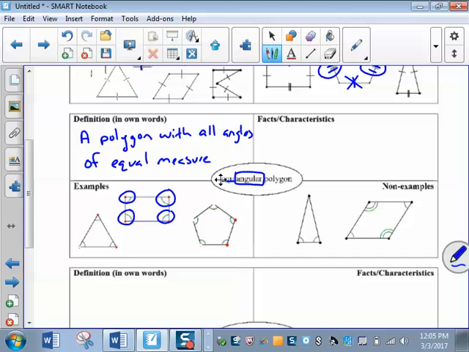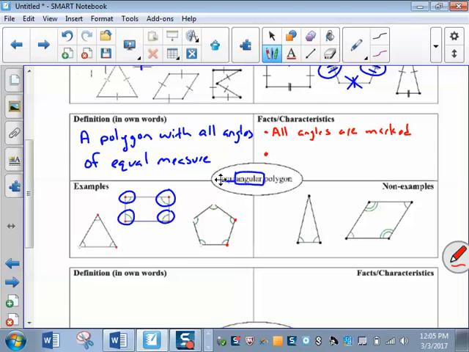So once again, things that you want to look for and make sure that you're checking for is that all angles are marked. Now you could also look for numbers, make sure that all the angles are the same number. That would also be representative of them all being equal measures.